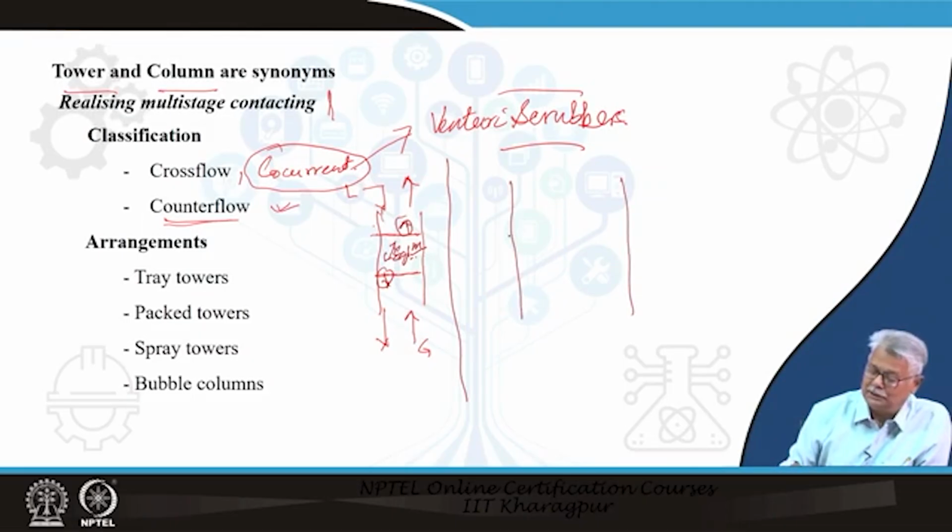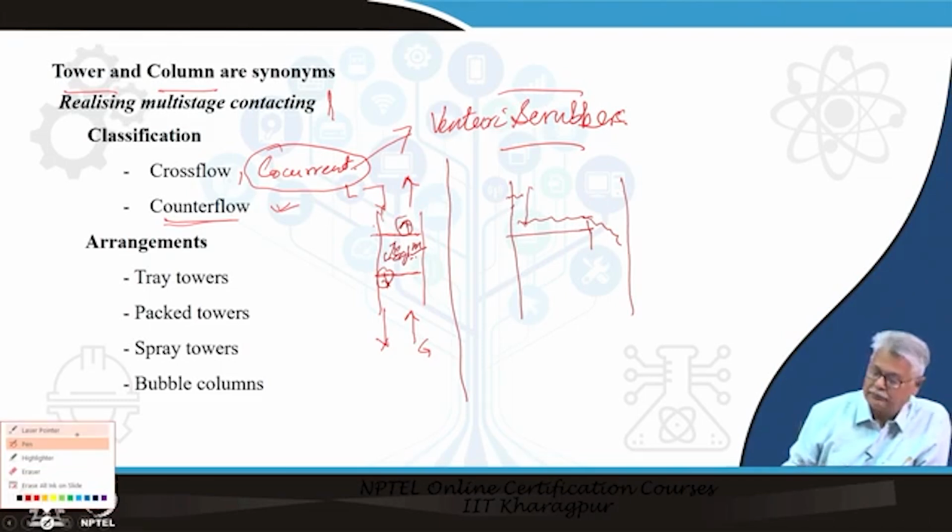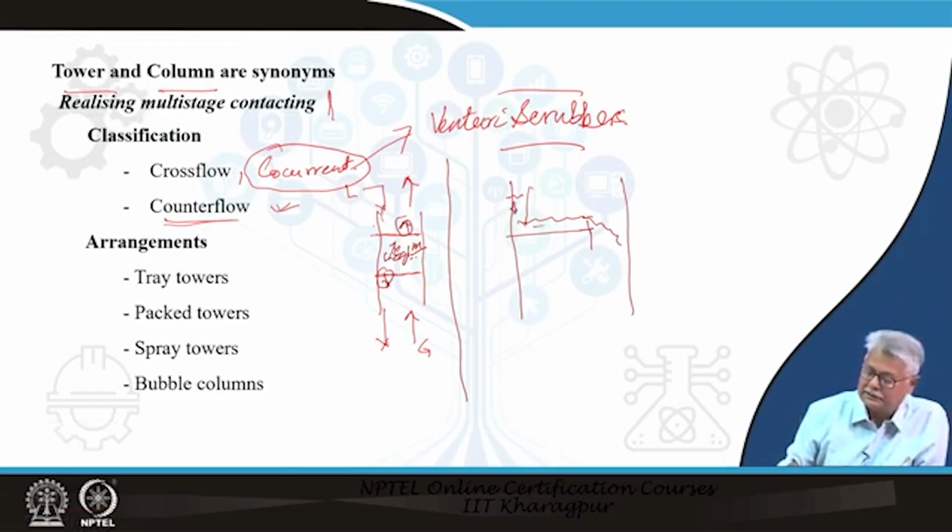You have been told possibly that you have a tray, and over the tray there is a liquid which falls from the upper tray, and it moves in this direction. The gas, or the vapor from the lower tray, penetrates through this liquid column and goes up.